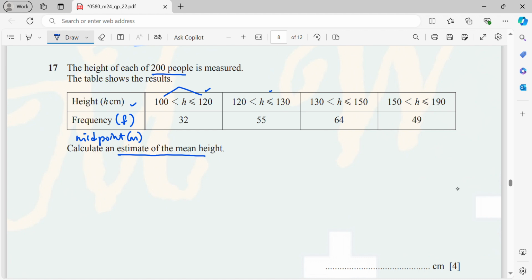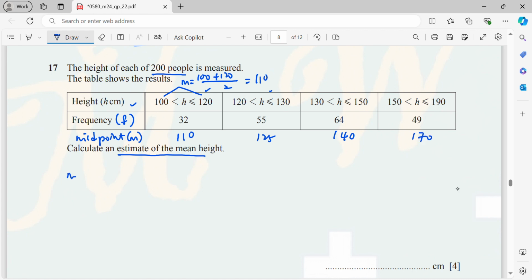So 100 plus 120 divided by 2, that is going to be 110. So here I will just add 110. Then 120, this is the M. 120 plus 130 divided by 2, that is 125. Then 130 plus 150 divided by 2 is 140. 150 plus 190 divided by 2 is 170.